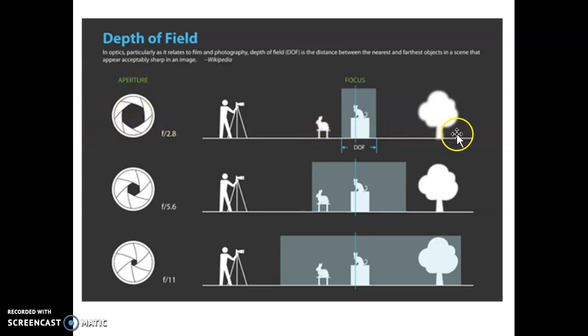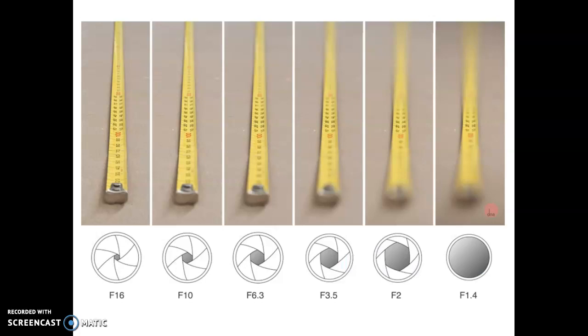You can't get a whole lot in focus. And here are a few examples of different f-stops with different focal ranges. So at f16 you can see here, you can get a lot in focus, all the way to an f4 where you don't have a great depth of field.